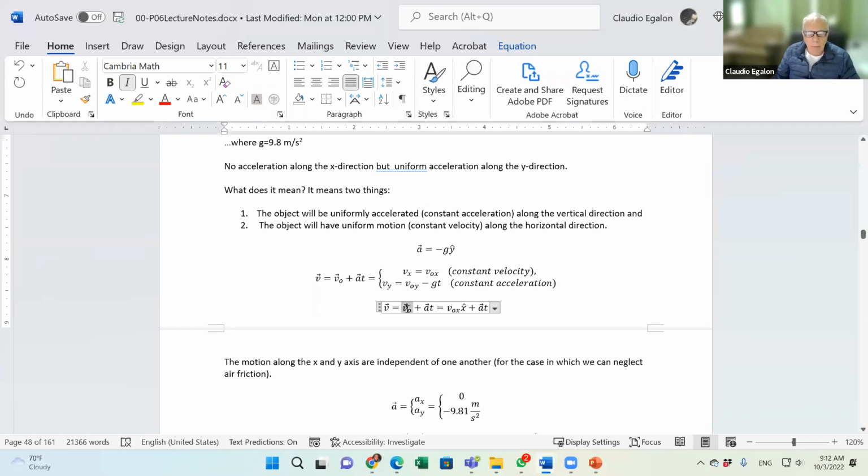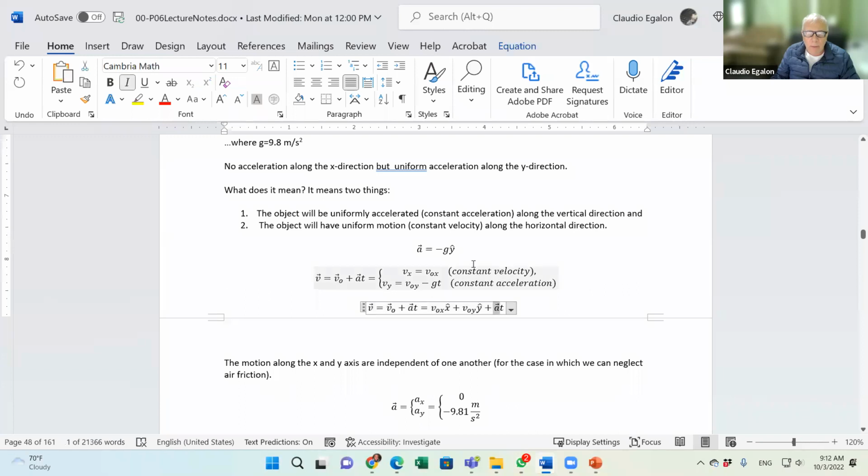That's what this is all about, right? V naught is V naught x in the x direction plus V naught y in the y direction. And then we have to deal with this acceleration here, right? Just like we had before.